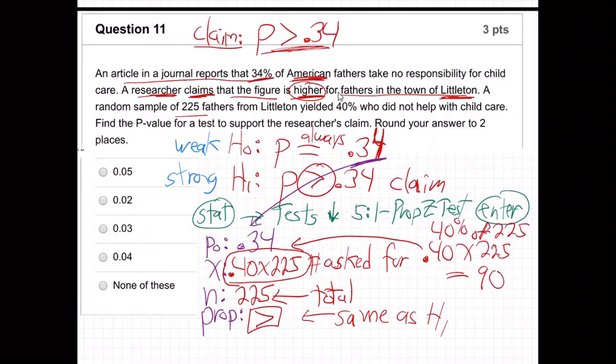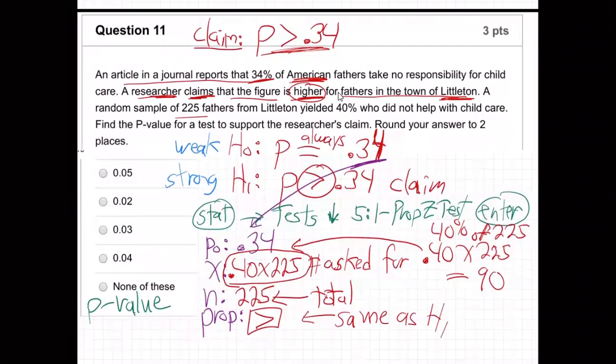Hit calculate, and I'm getting a p-value equal to 1.8999. 1.8999 was my Z. Yeah, that's my Z. Oh, you're right.